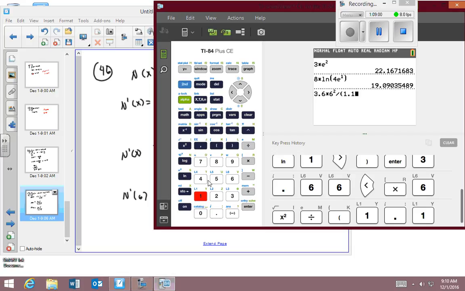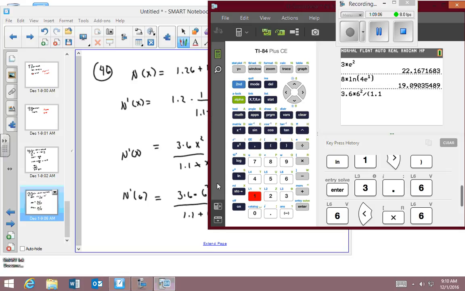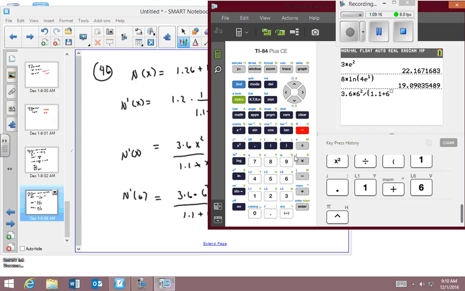Is that a plus or minus? Plus. That was 6 cubed, isn't it? So the third power. We get .59, not much.